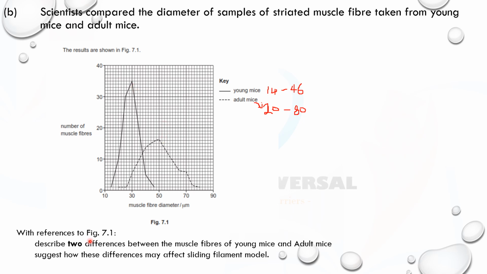So this is describe two differences, and we have described it. We looked at the range and we looked at the number, and then answer suggests how these differences may affect the sliding filament model. Now, the sliding filament model is the contraction of muscles. You can see that for young mammals, their diameter is small.